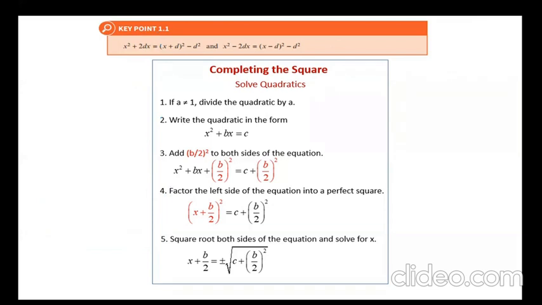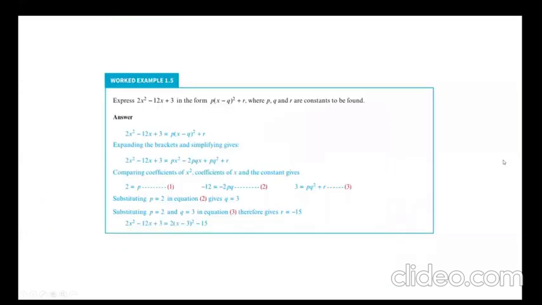Now moving forward, express 2x square minus 12x plus 3 in the form p(x minus q) whole square plus r.